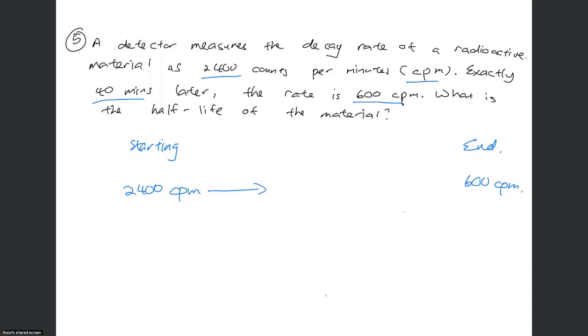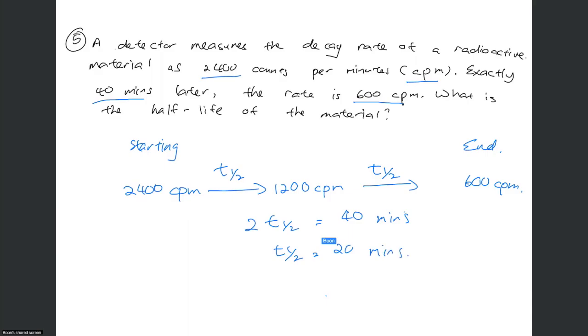We do not know what the half-life is, but we know that if 2400 takes one half-life, it will be 1200 c.p.m. If it takes another half-life, it will bring it to 600 c.p.m. So that means 2 half-lives is equal to 40 minutes. 1 half-life is therefore 20 minutes.